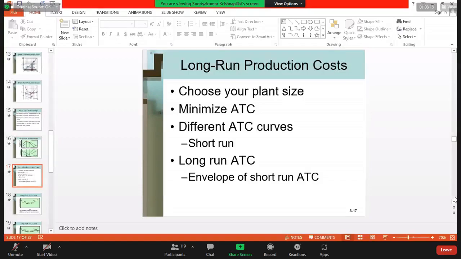If they want to produce 100 units, using 2 machinery or 10 machinery, which will give the minimum cost? Sometimes using 2 machinery will be the minimum cost.